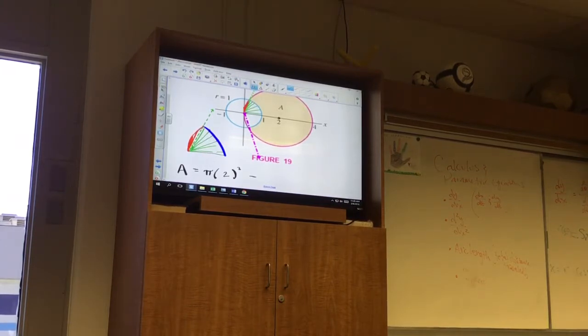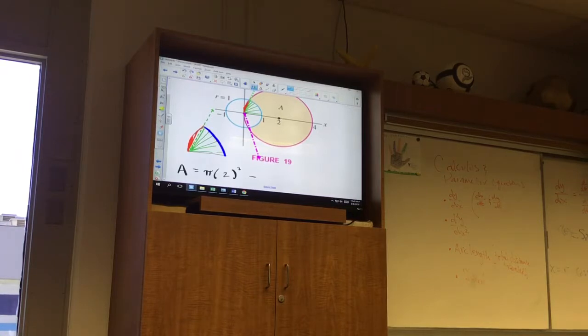Right? Does that make sense? And so let's only deal with that part, and then we can see that the bottom half is going to be the same. So this is going to be the same area as that up there. Can you guys see that?